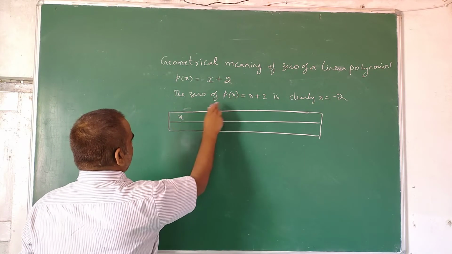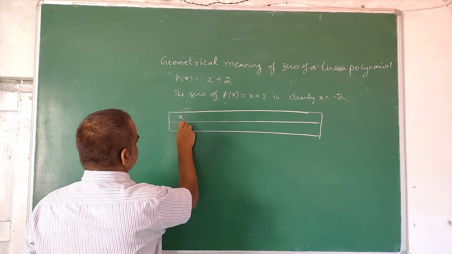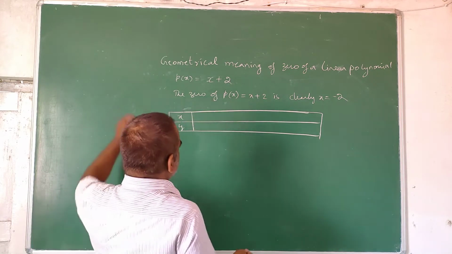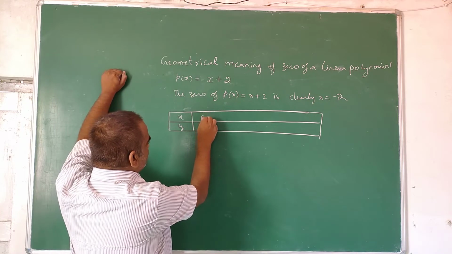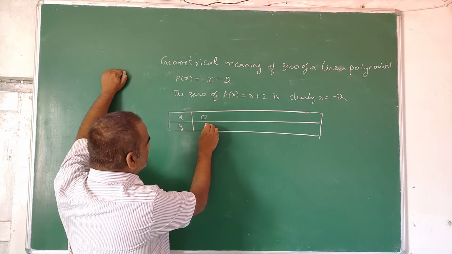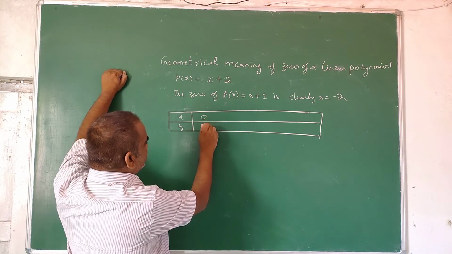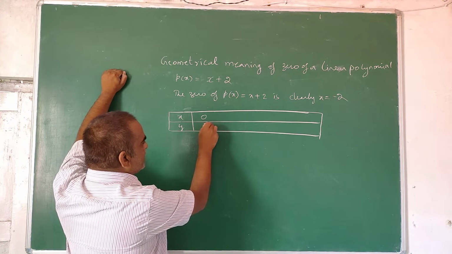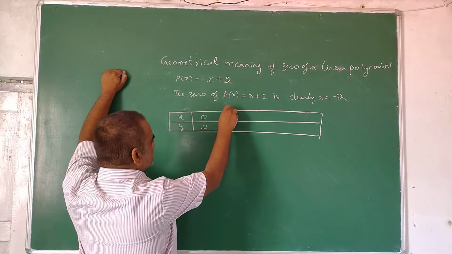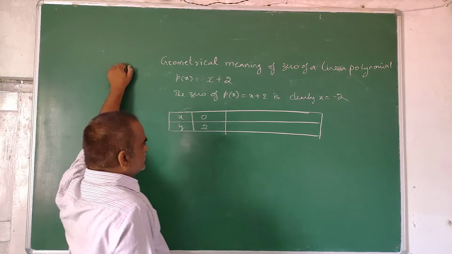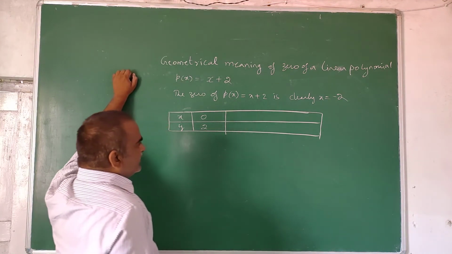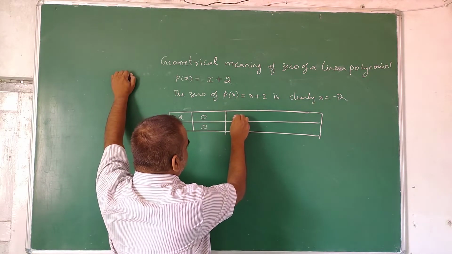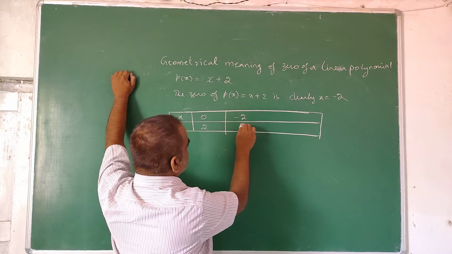x, y means p of x here. Suppose x is 0. If you replace x is 0, what would be y? y means p of x. It is 2. Are you following? Now, suppose if you take x is minus 2, y is 0.